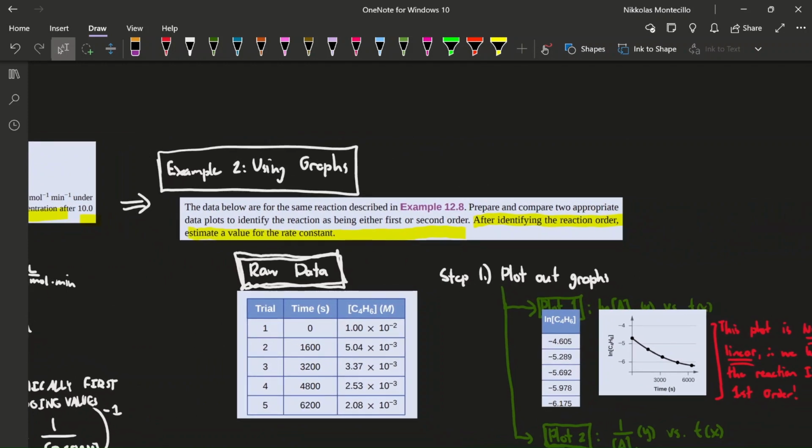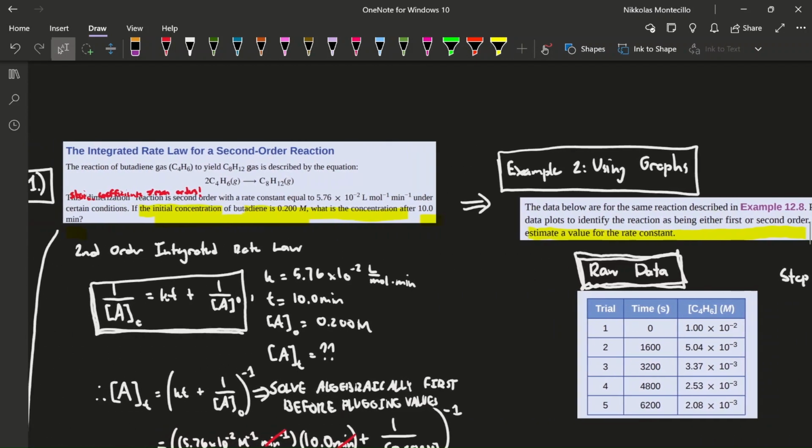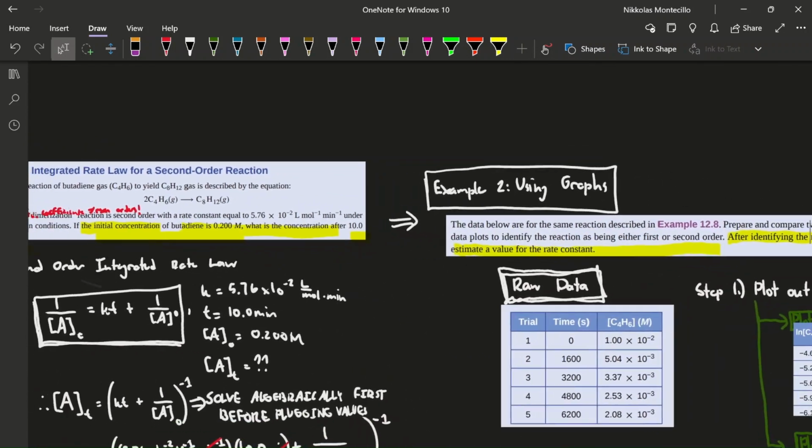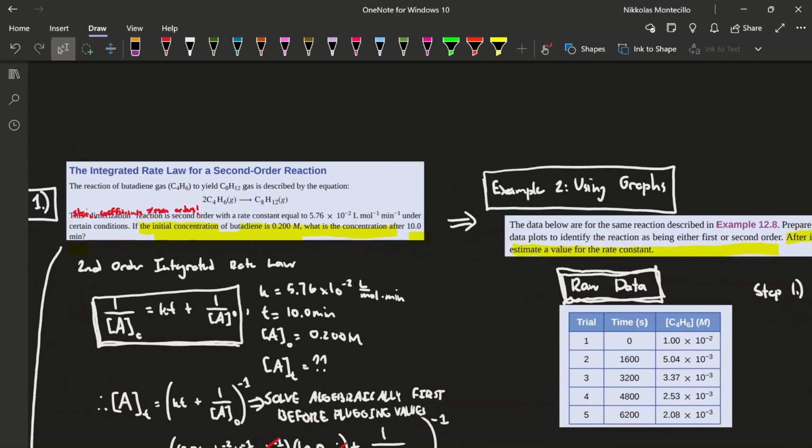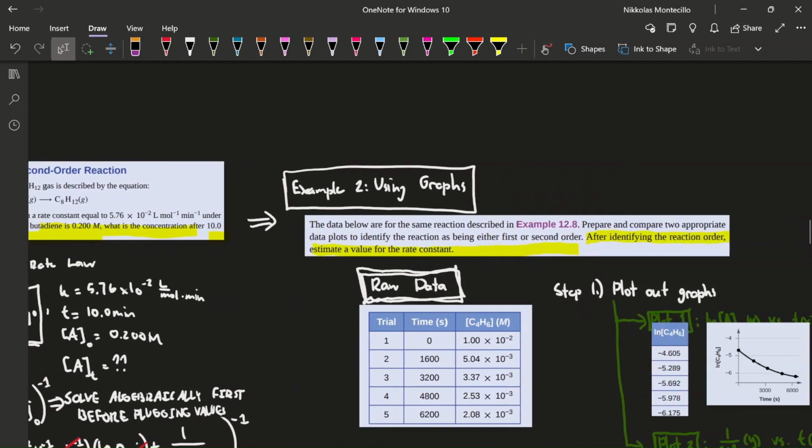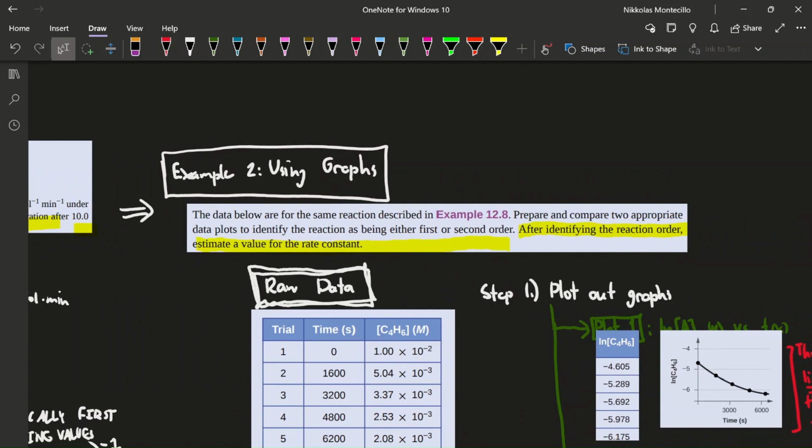When we're using graphs, we want to plot out several graphs. So the data below is representative of the same reaction used in example 12.8. So this reaction here, the butadiene gas to yield C8H12 gas. So we want to prepare and compare two appropriate data plots to identify the reaction as being either first or second order.